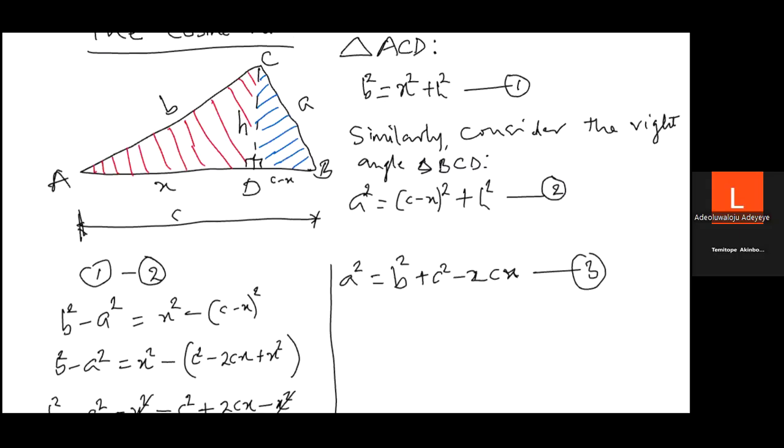So using trig ratio for triangle ACD, I will have cos A. Since I'm considering angle A, cos A equals adjacent over hypotenuse. Sorry, adjacent over hypotenuse.